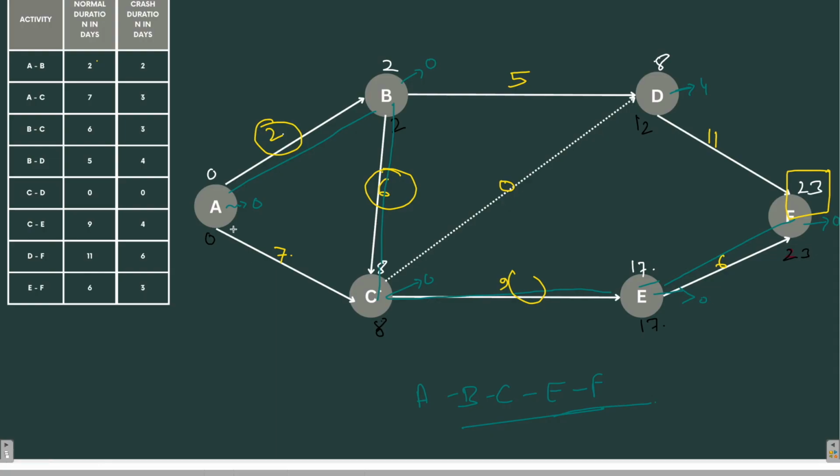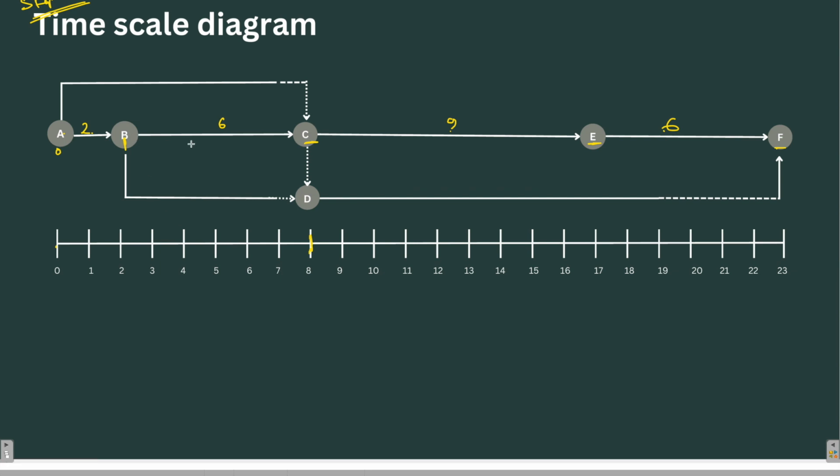Like we have to draw AC. AC is taking 7 days. So see here, AC is taking 7 days. Now another important aspect of this is here just above 7, I have drawn a solid line. So this means it is 7 days from here till here. But after that, it is a dashed line.